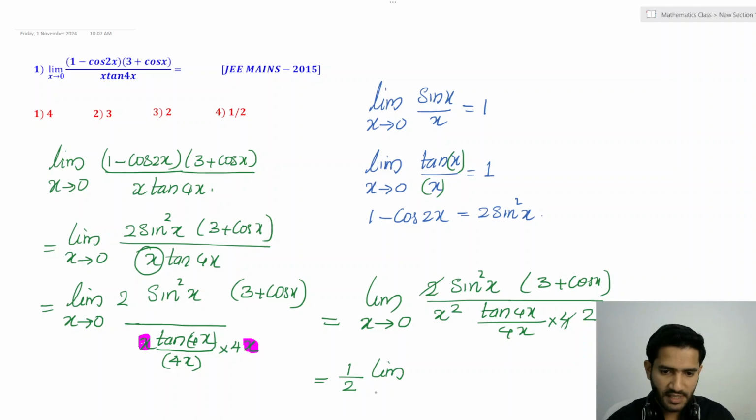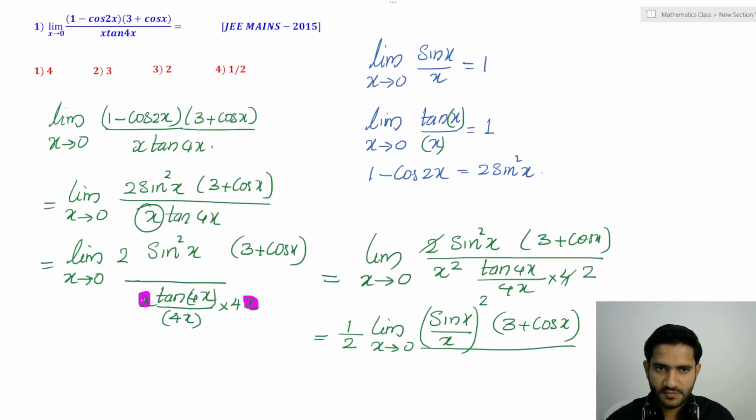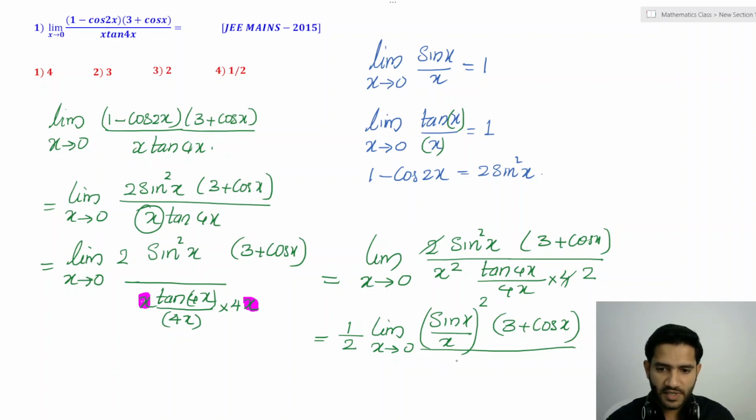Then limit x tends to 0. Here we have sine square x by x square, that means sine x by x whole square. And in the denominator, we have another function, 3 plus cos x, whole divided by tan 4x by 4x.